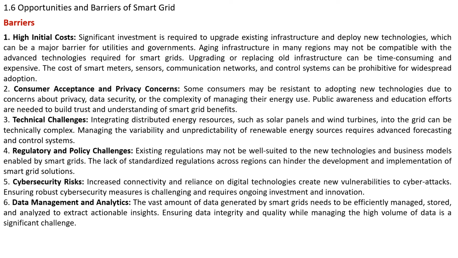Upgrading and replacing the old infrastructure can be time consuming, and also very expensive. So the initial cost of the smart grid is very high. This is one of the barriers of the smart grid.